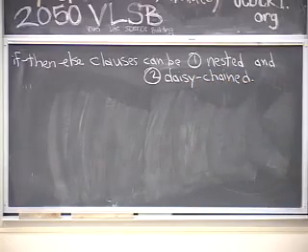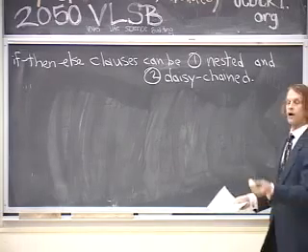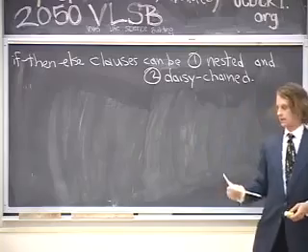Nested just means that you can have an if statement inside an if statement, and maybe another if statement inside that. Daisy-chained means you can follow an else immediately by another if, and therefore have more than two different possibilities.